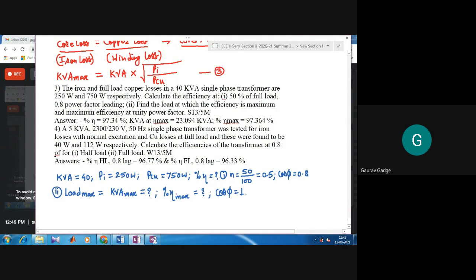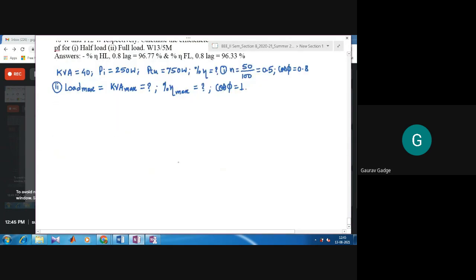Okay. So guys, now what you have to do? Let us start with this. First we have to find out the value of percentage efficiency. The equation: percentage efficiency is equal to N into VA rating. So what is VA rating?